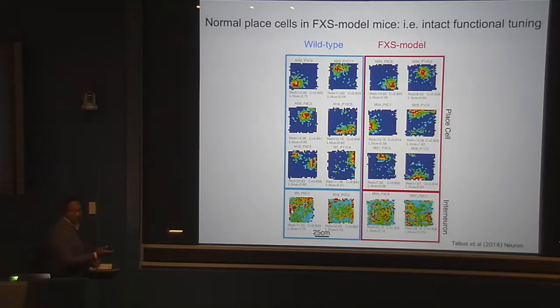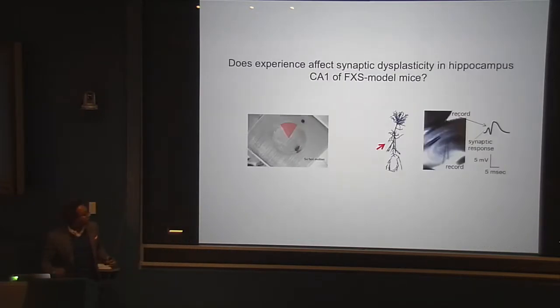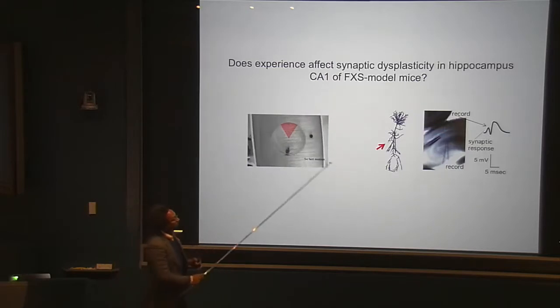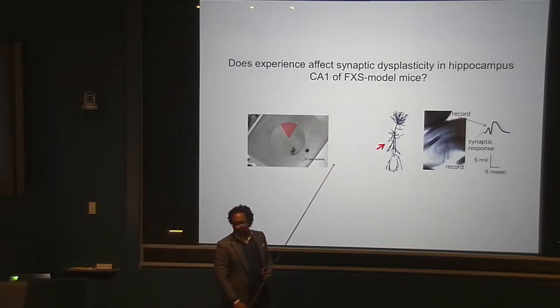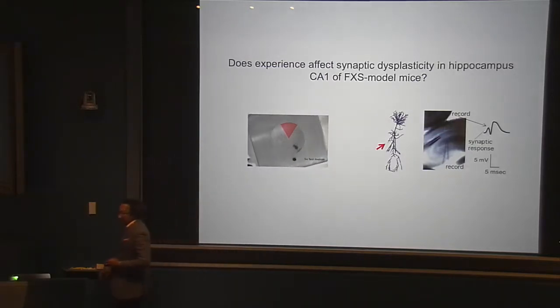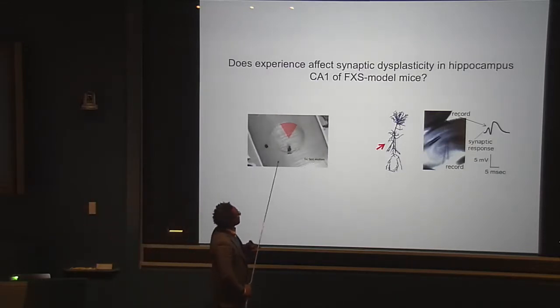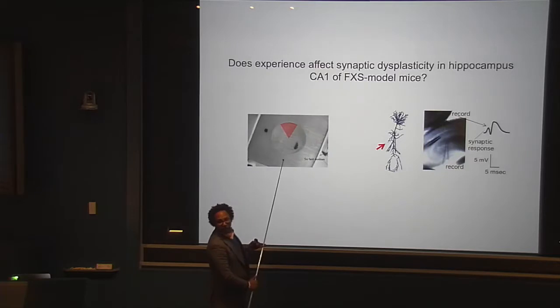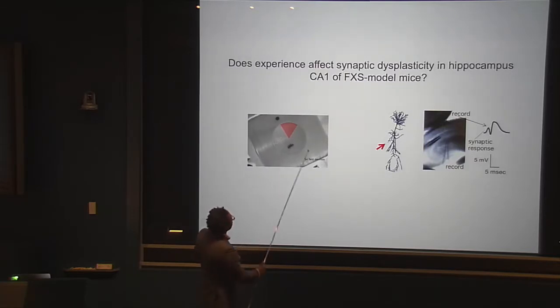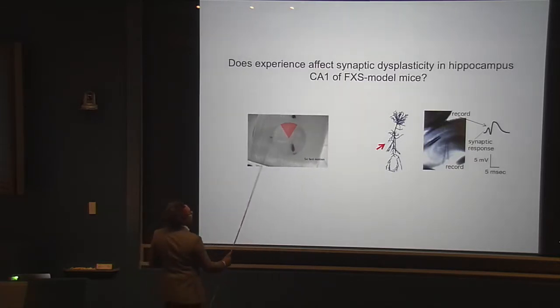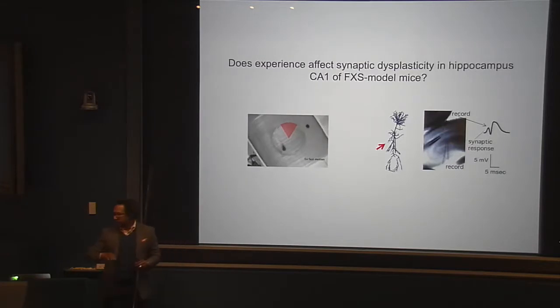However, a proper skeptic might say, well, are these mice actually in your hands, Andre, at all like the mice that have been described in the literature? And the answer is yes. I'll just show you one slide. We can do the same slice physiology that I showed you before. In this case, we're going to do the physiology in naive animals as well as animals after they've been trained or after they've been exposed, just been allowed to walk around in this rotating arena, never being shocked.